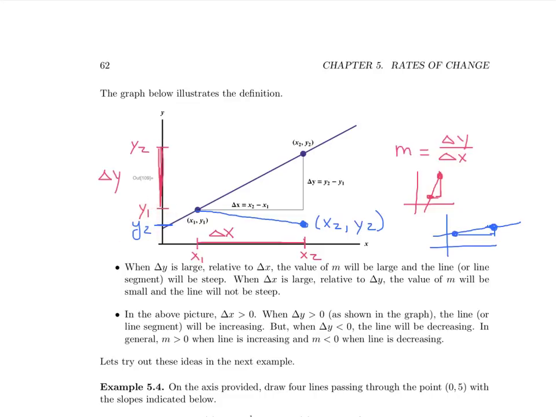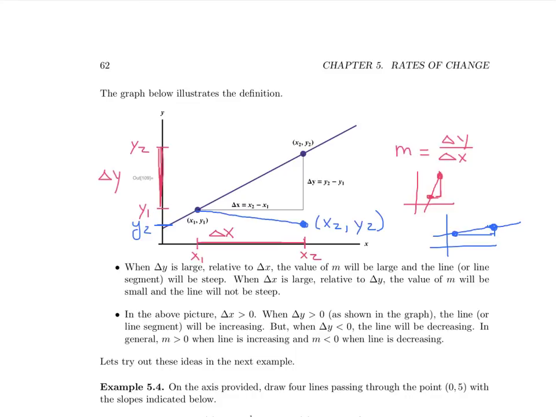My ending value for y is less than my starting value for y. So my delta y, my change in y, will be negative. So when delta x is positive, but delta y is negative, in other words, y is decreasing, the line will be decreasing. And that's what you're seeing in this line. It has a downward trend as you move left to right.